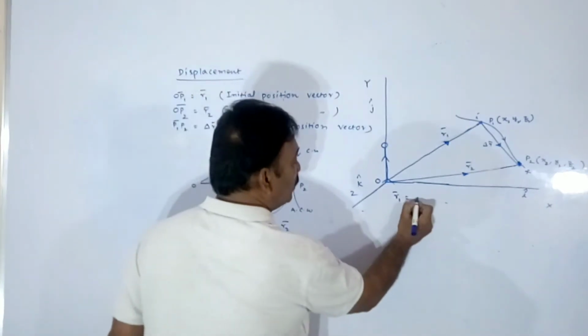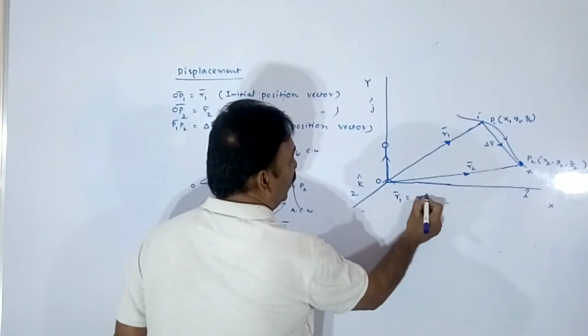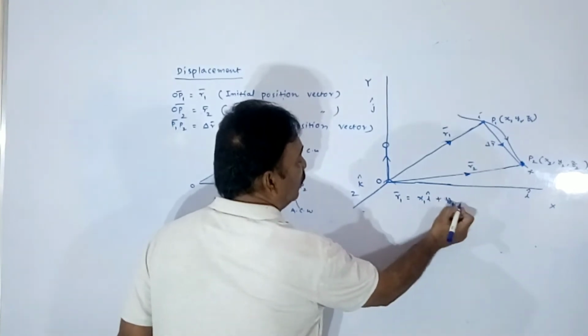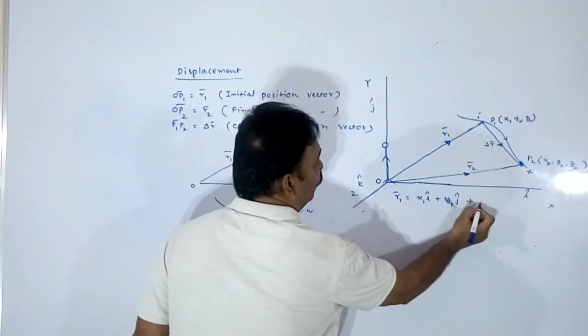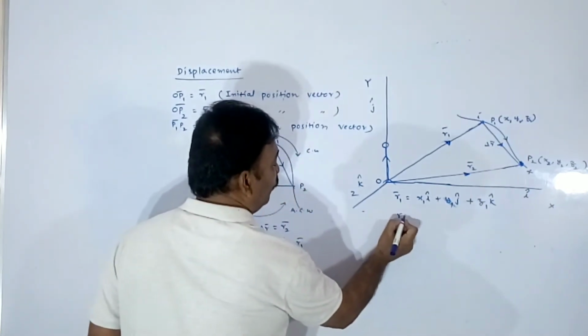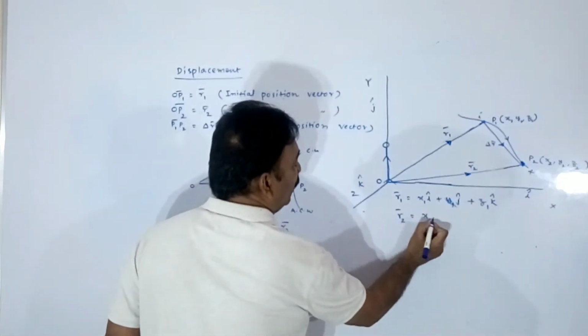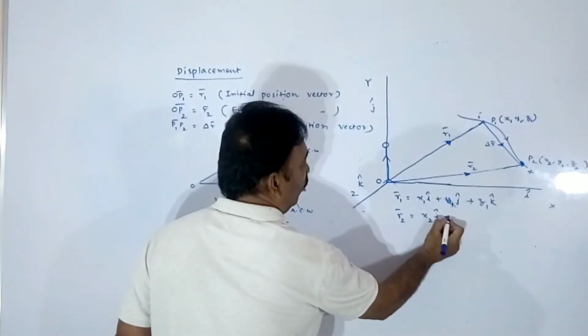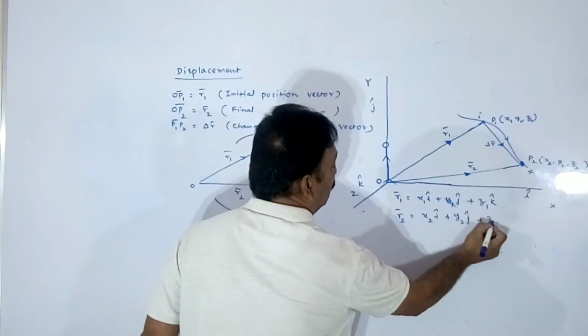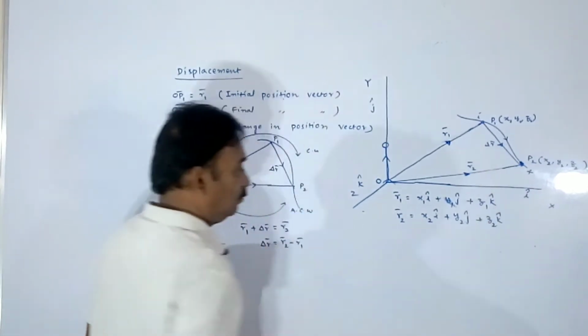R1 bar can be written as x1 i cap plus y1 j cap plus z1 k cap. Similarly, R2 bar is equal to x2 i cap plus y2 j cap plus z2 k cap, isn't it?